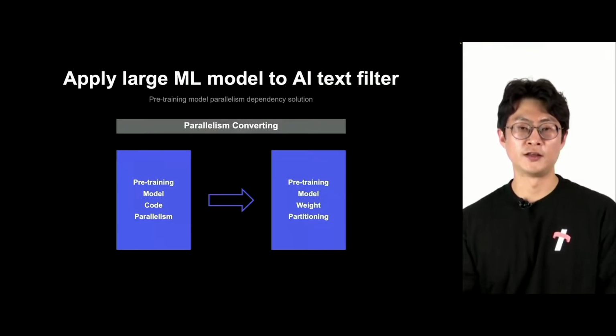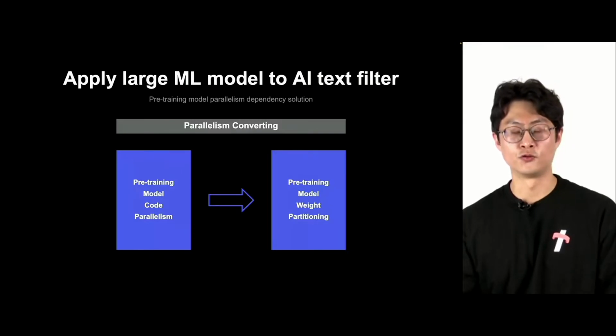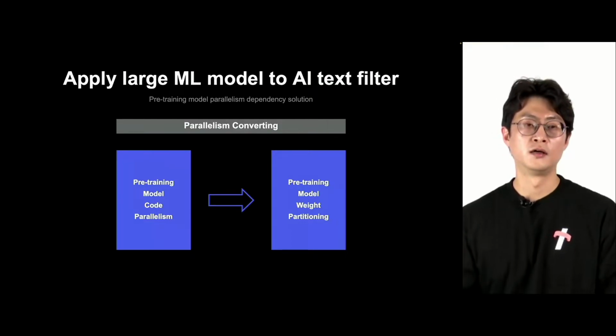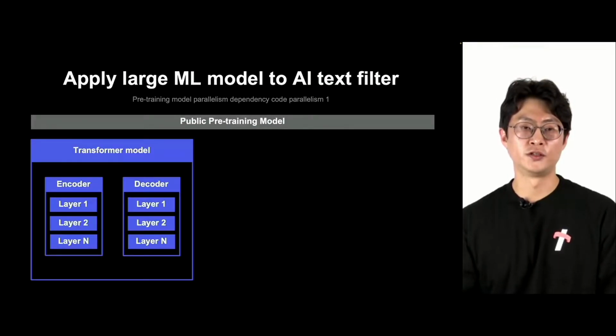And then, if it is possible to parallelize the model's code, in order to load the model, the public pre-training model parameters will be automatically partitioned with the algorithm that we implemented. So the first point of resolution: in order to parallelize the model code, we have to know which part of the model needs to be parallelized.